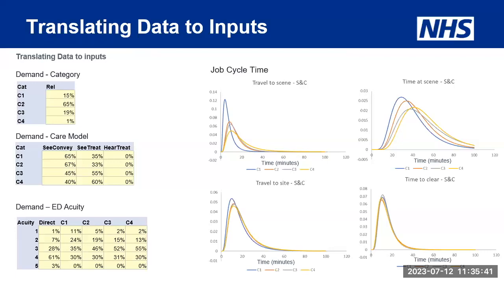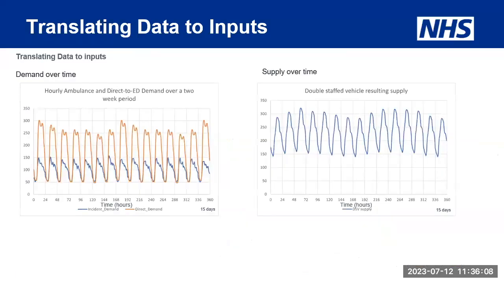Then also how that translates into ED acuity by category, because that's something we use to inform the prioritization at the point of handover. On the right-hand side, we see what we draw the distributions from. For each patient, if they have a certain category, what might be their time to travel to scene, time at scene, time to site, and time to clear for the next job.